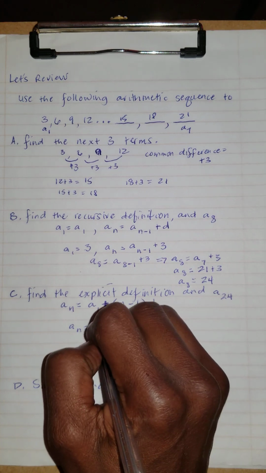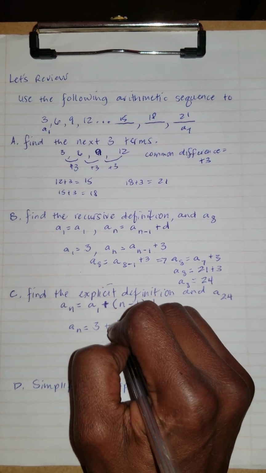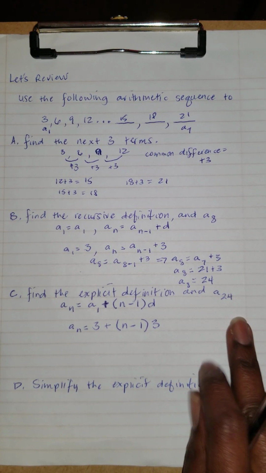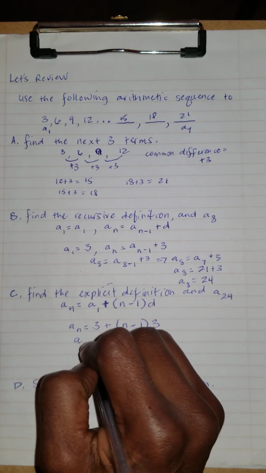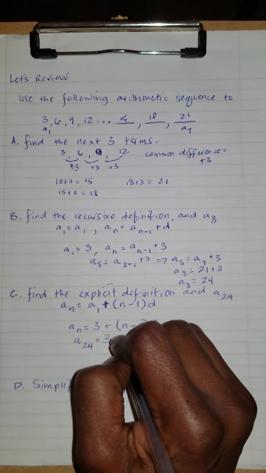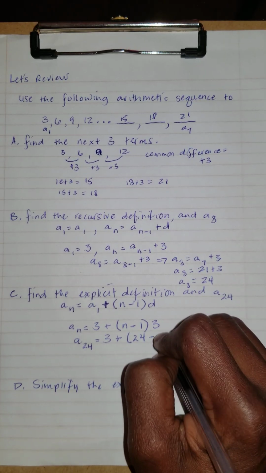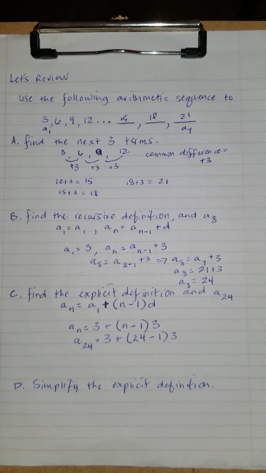So A sub n equals 3 plus n minus 1, right now I don't know what I'm looking for, times the common difference of plus 3. Now let's find the 24th term. A24 is going to equal 3 plus, substitute in 24 in those parentheses, minus 1 times 3.